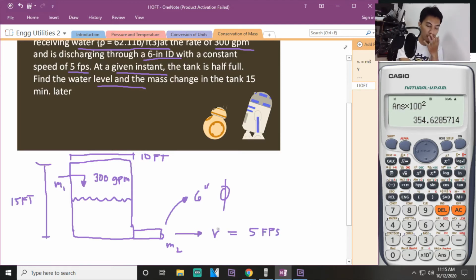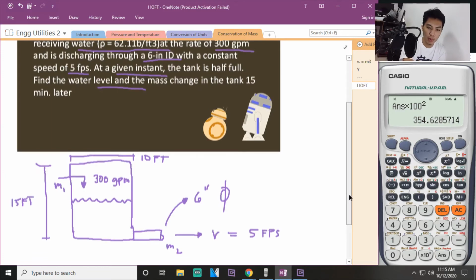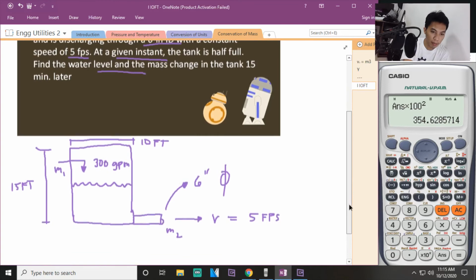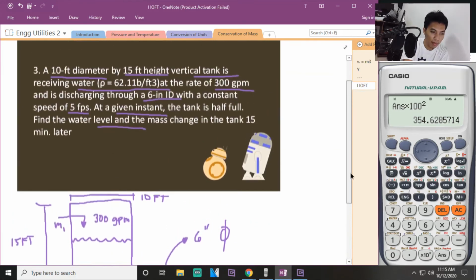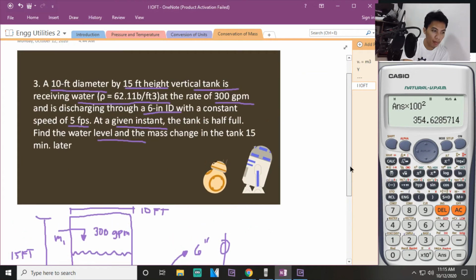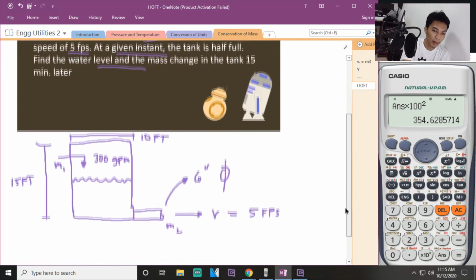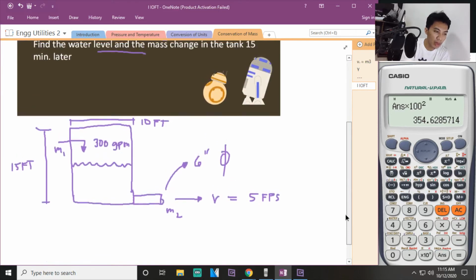Okay? So, pwede mong makuha dito yung change of mass in 15 minutes. Yan, okay? So, ano muna nga alamin natin dito?